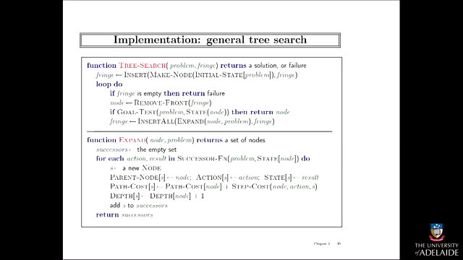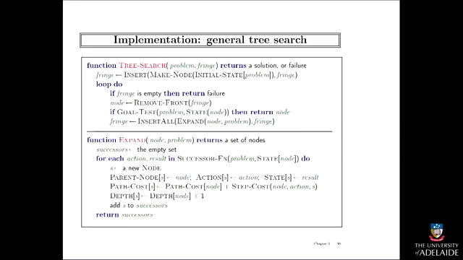So the first thing that we do is we add into the fringe, the set of active nodes, if you like, the initial state of the problem. Okay, so we're going to create a node corresponding to the initial state of the problem, and we'll insert that into the fringe.